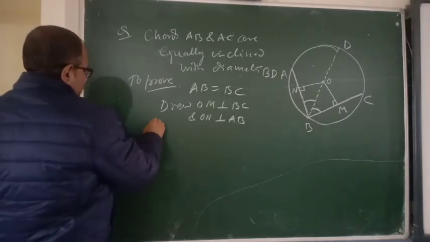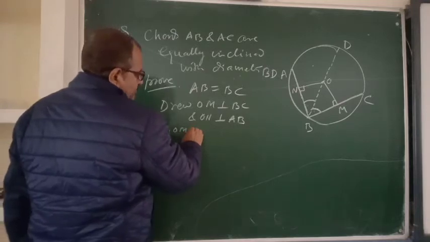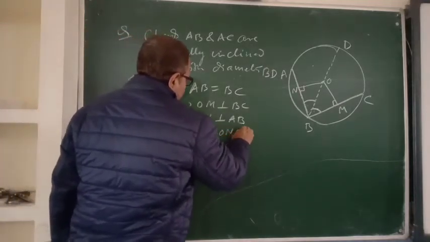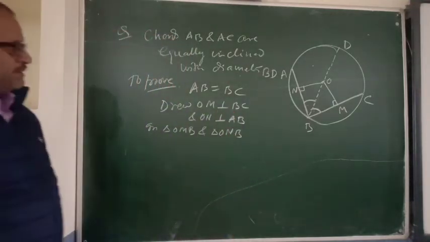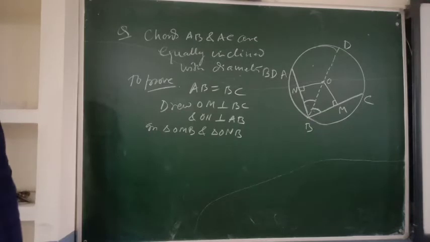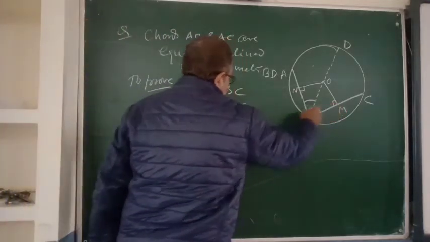So write, in triangle OMB and triangle ONB, how are they congruent? One angle is 90 degrees.